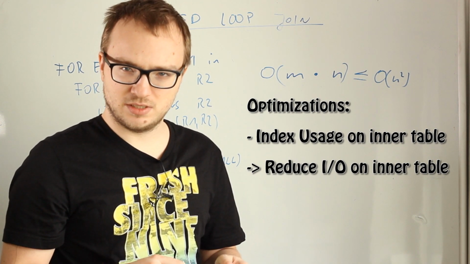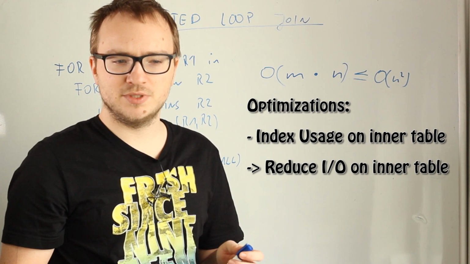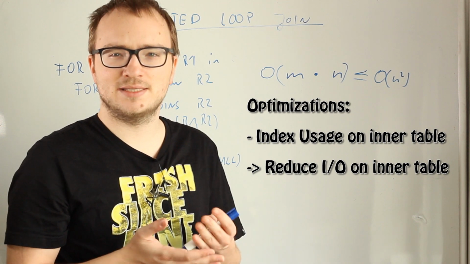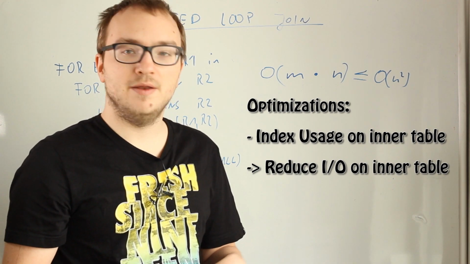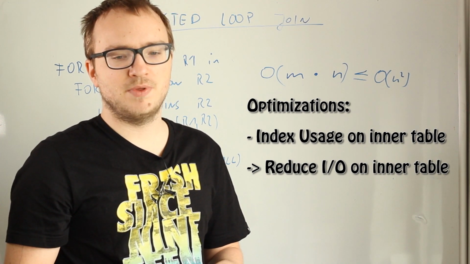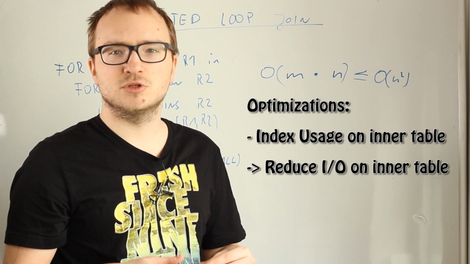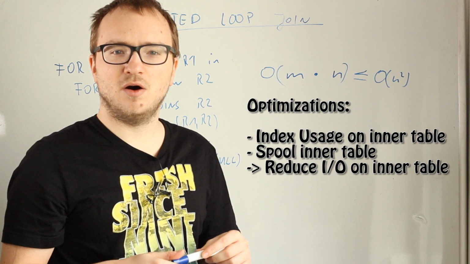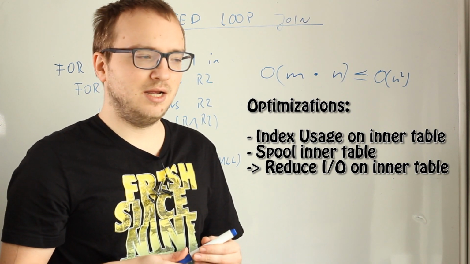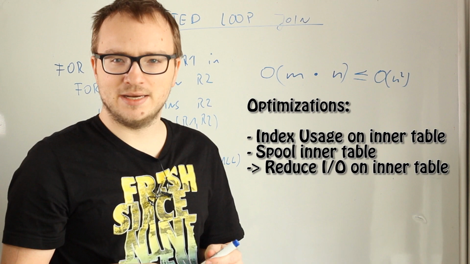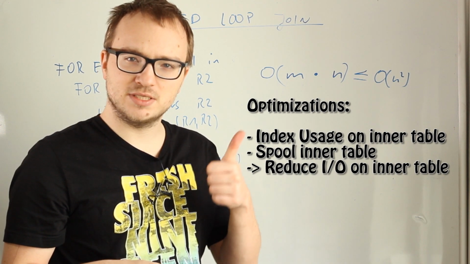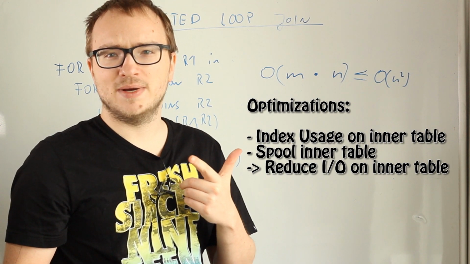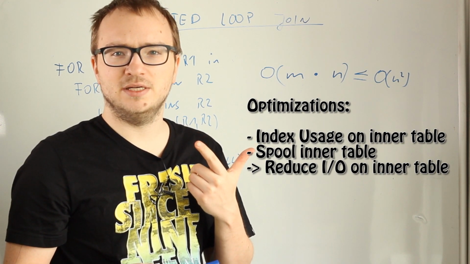You can also support the query optimizer by using an index on the inner table, because then you have only cheap seeks instead of whole scans all the time. Another technique is that the optimizer sometimes decides to spool, that means to save the results of the inner table, since they are always the same, to not access them again all the time. So there are basically 2 techniques. The first is just using an index for the inner table, and the second is that the optimizer spools the result of the inner table.